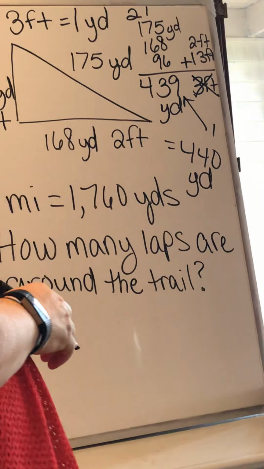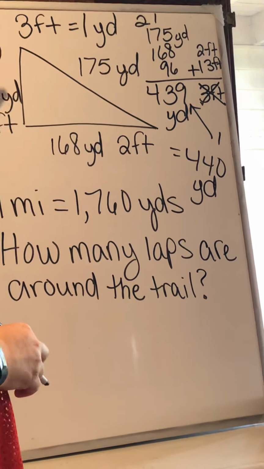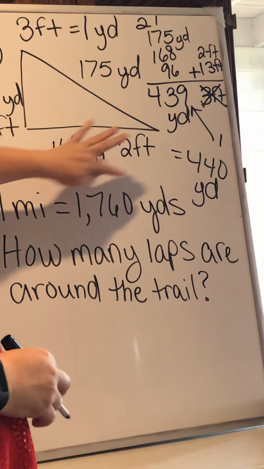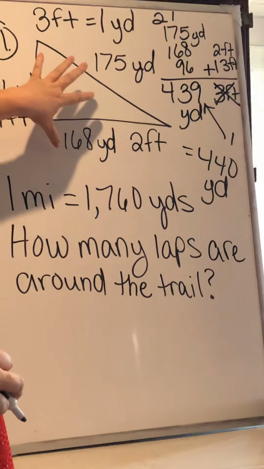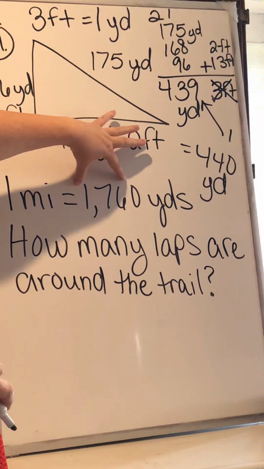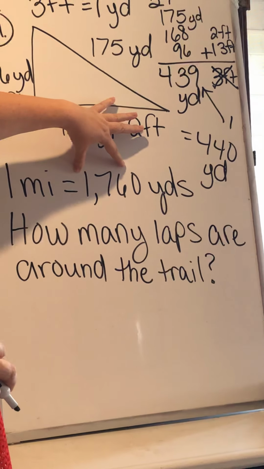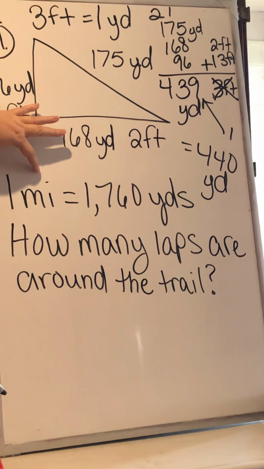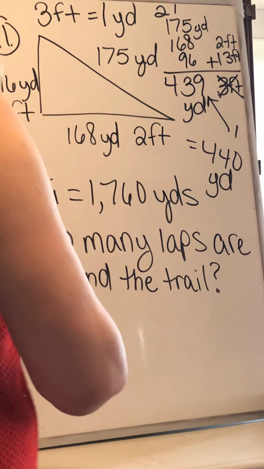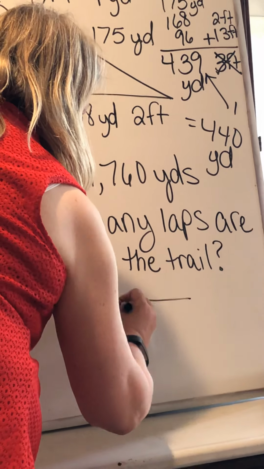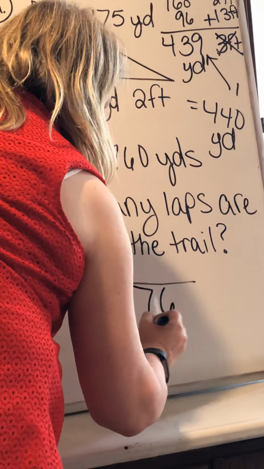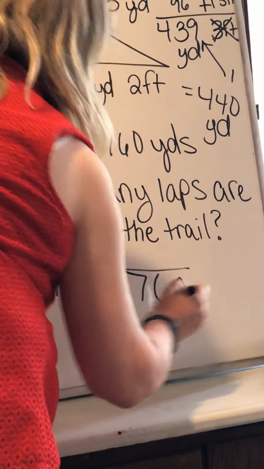All right, but we need to know how many laps we can make around this jogging track right here, okay? And so how many laps is it going to take to get to 1,760 yards, which equals 1 mile? So we take our 440, we're going to divide it into 1,760.